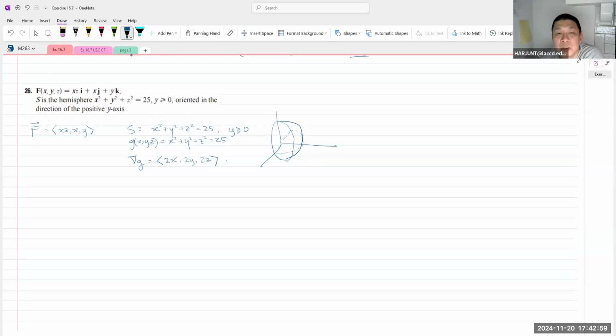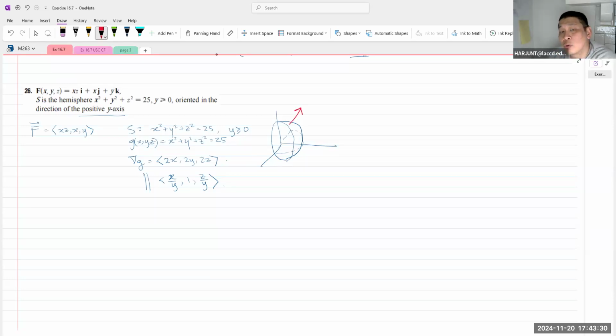Now we want to make the y component 1, because you want the positive y-axis direction. So this is parallel to the vector that is, actually, x over y, 1, z over y. Okay, that's the vector normal to the hemisphere.